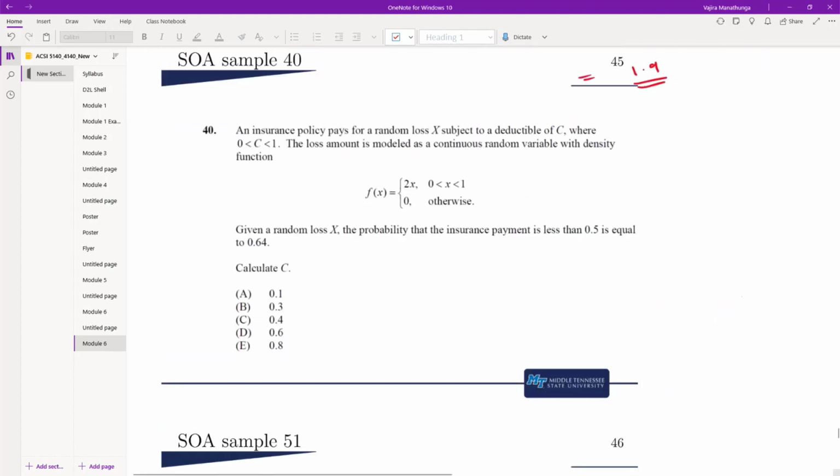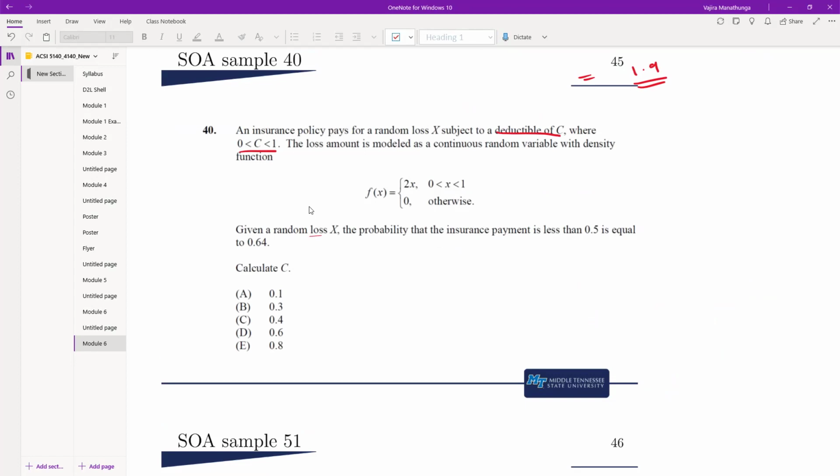Here is another question. It says an insurance company policy pays for a random loss X subject to a deductible of c. So now we have a deductible of c, where c is between 0 and 1. The loss amount is modeled as a continuous random variable with density function.